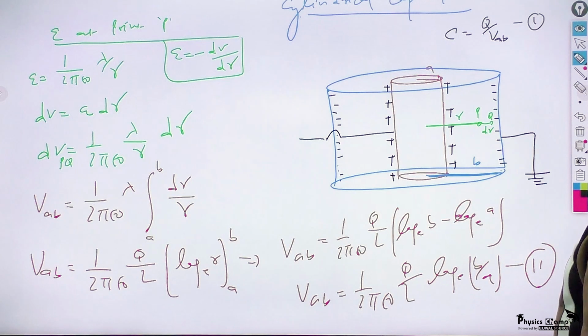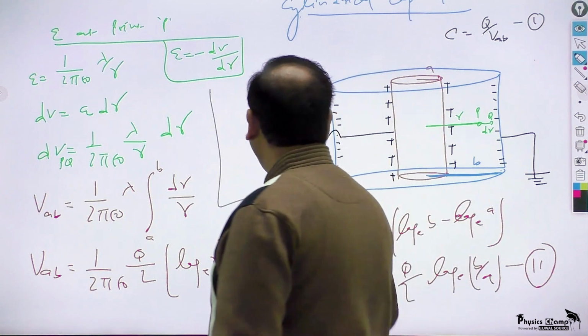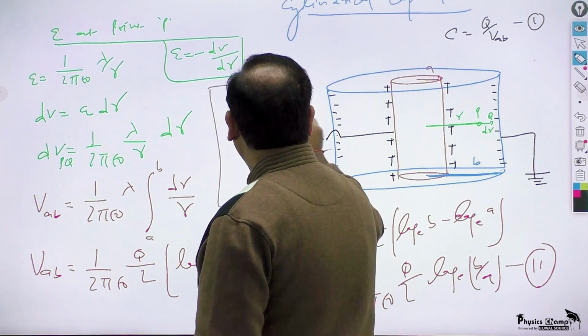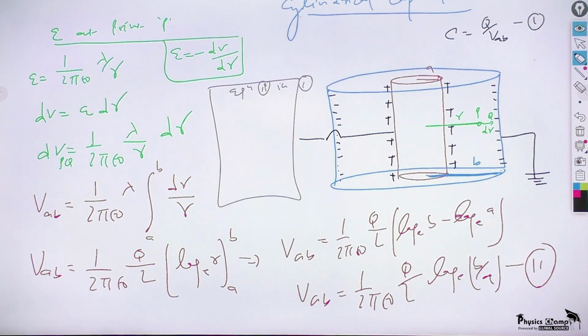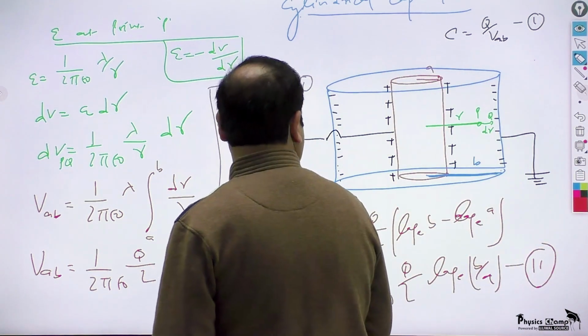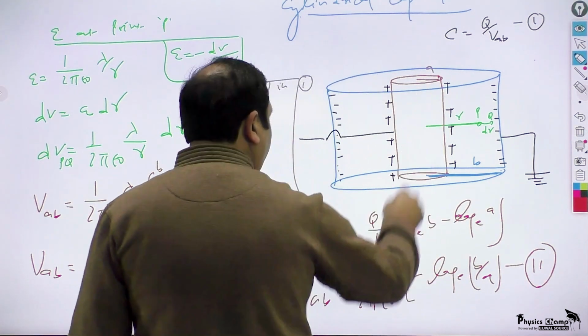Now I am going to use equation 2 in equation 1. So here separately I am writing equation 2 in 1. Now using equation 2 in 1, we will be getting capacitance as Q by VAB.